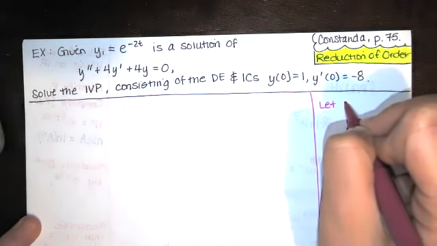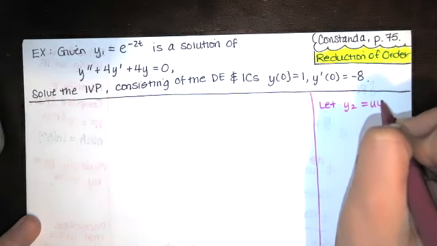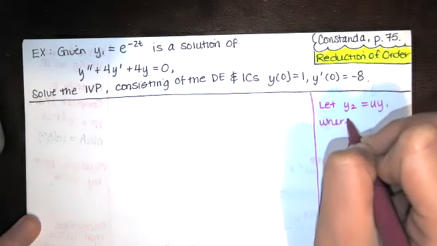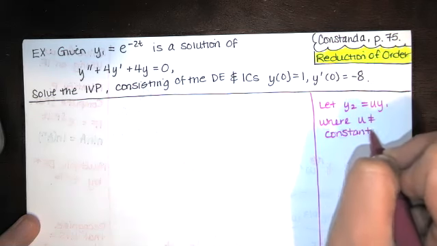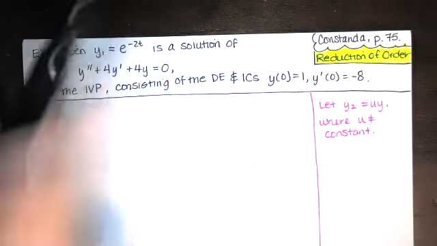We're going to let y2 equal u times y1, where u is not a constant function. And we're assuming that y2 is a solution as well.